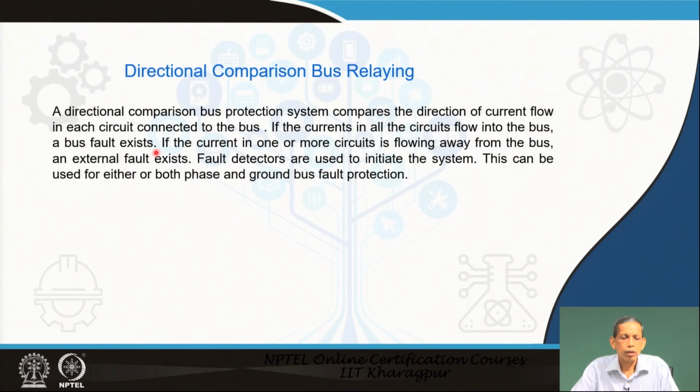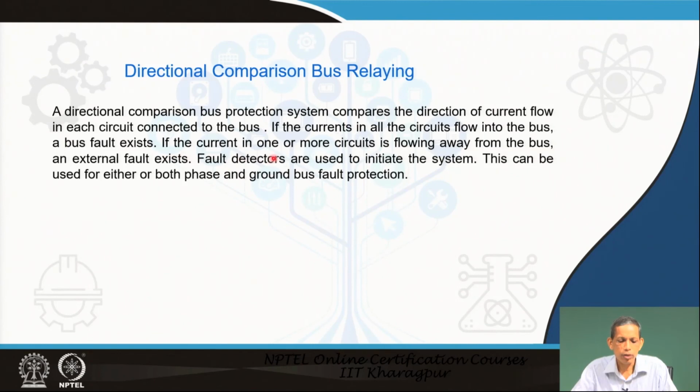Now, there are also other protection schemes available. In directional comparison bus relaying, a directional comparison bus protection system compares the direction of current flow in each circuit connected with the bus. If the currents in all circuits flow into the bus, a bus fault exists. This is based on the directional information. We have learned the directional principle earlier in detail, using different principles including negative sequence.